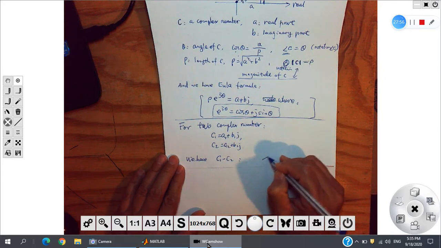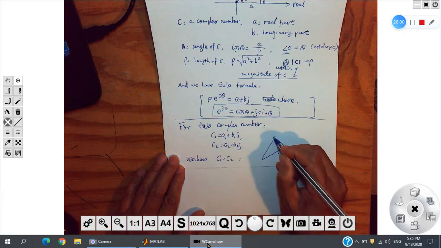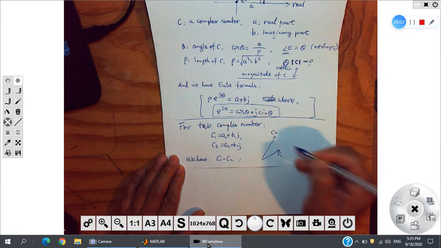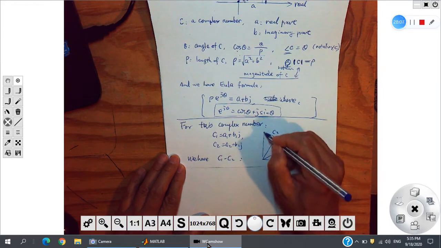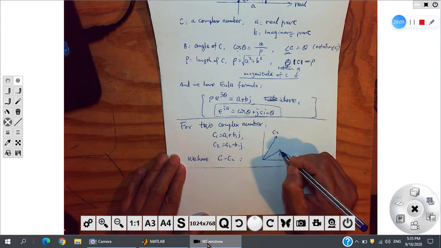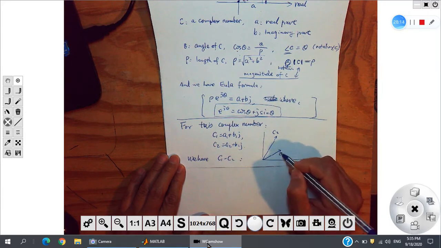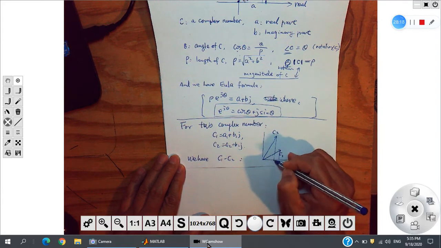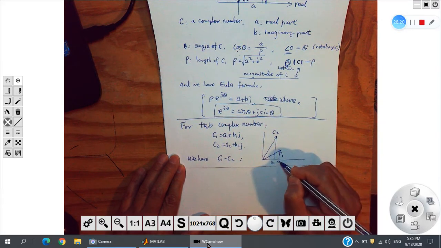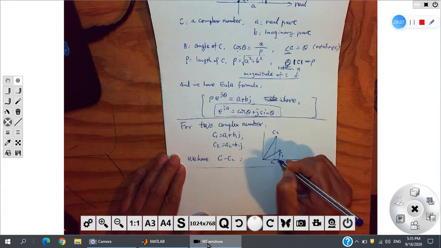Okay, this is C1. This is C2. Then what is C1 minus C2? In the real part, it will be C1's real part minus C2's real part. So it's A1 minus A2, right? Here's A1, here's A2. A1 minus A2. So it is this distance.